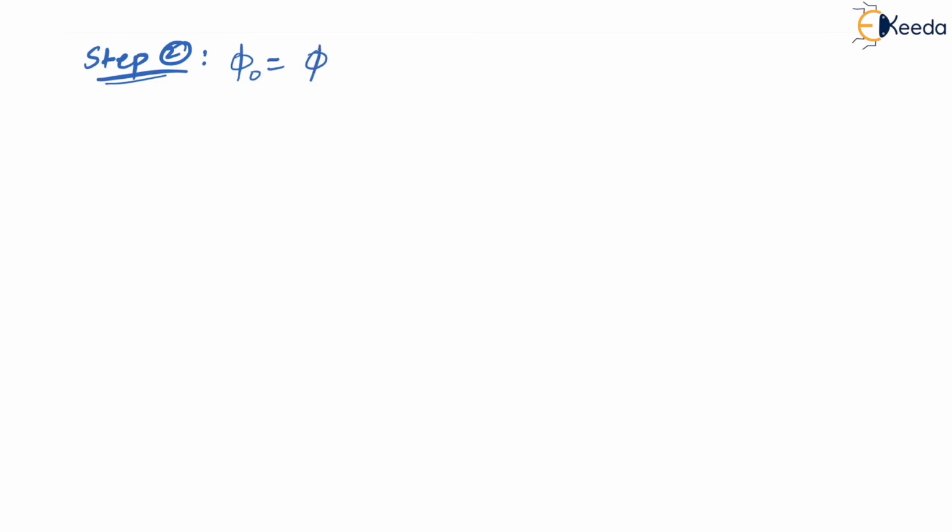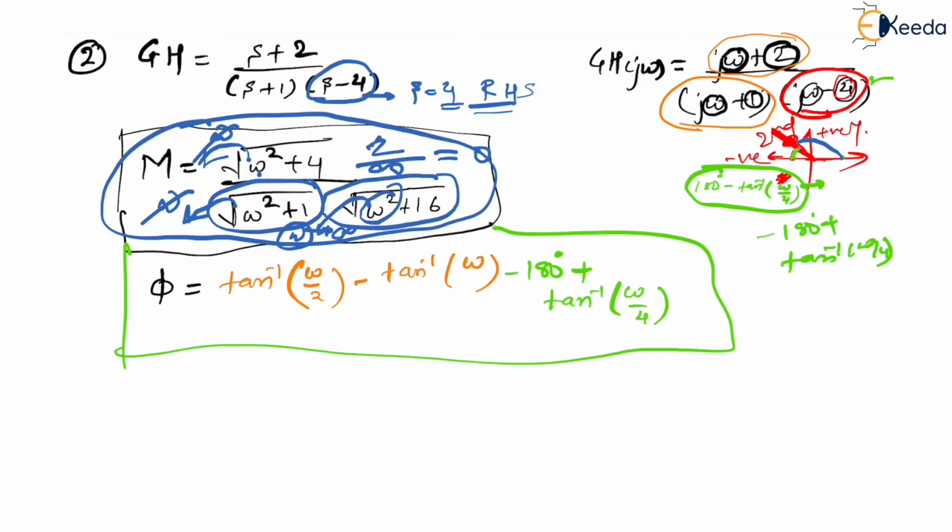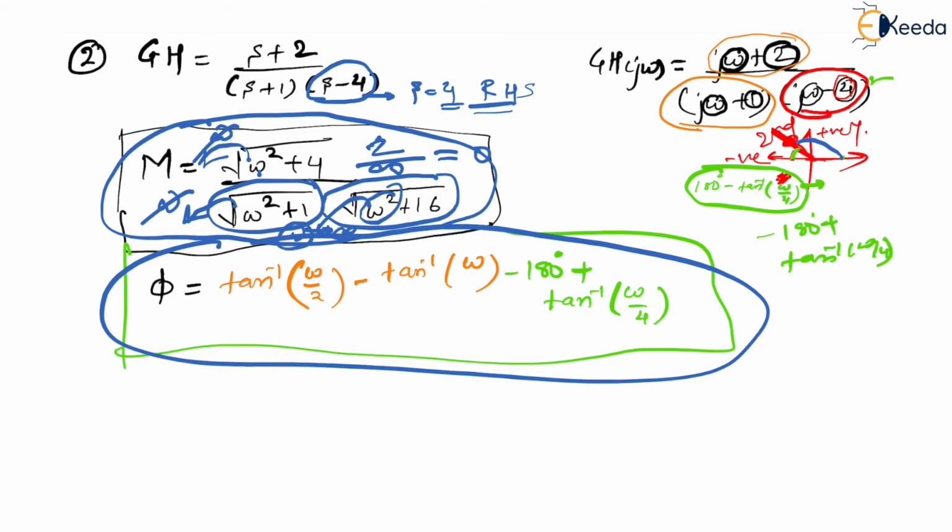So phi 0 is what? Phi at omega equal to 0. This is the equation. Here I will put omega equal to 0 first, and then omega equal to infinity, to find phi 0 and phi infinity. In order to find phi 0, I put omega equal to 0 in this particular equation.